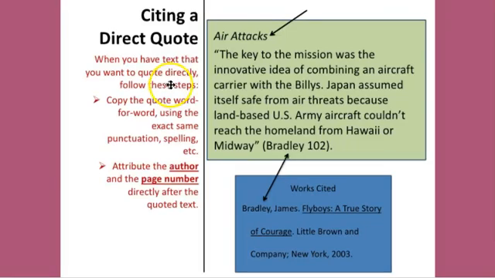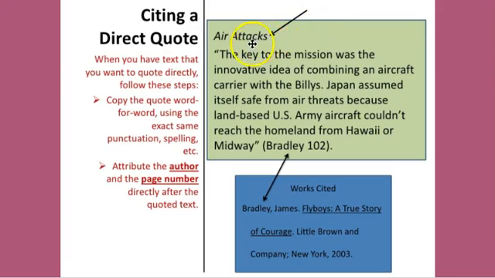When you have text that you want to quote directly, follow these steps. So direct quote, you're copying exactly. Copy the quote word for word using the exact same punctuation, spelling, etc. Attribute the author and the page number directly after the quoted text. So you need to give credit to the author.